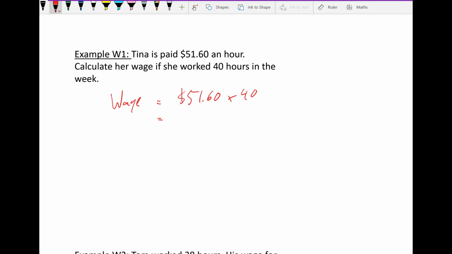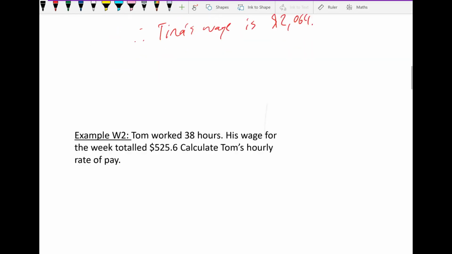And so that is $2,064 for the week before tax. Well, a lot of that will go. Okay, so therefore Tina's wage is $2,064. Okay, let's take a look at another one.